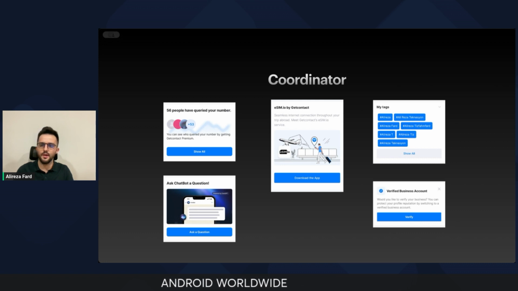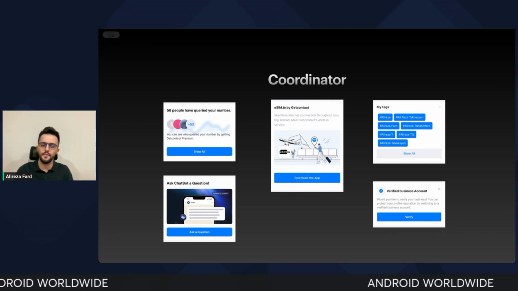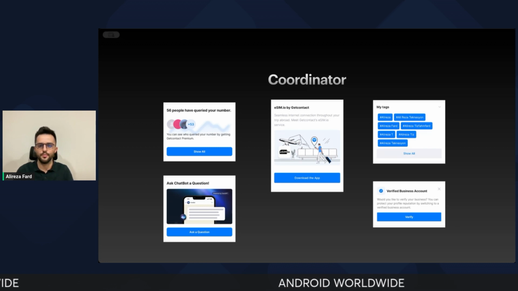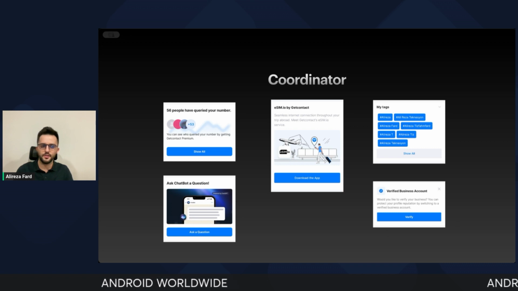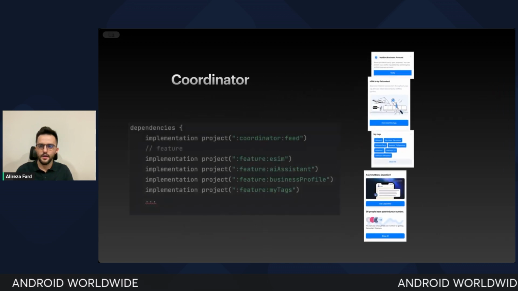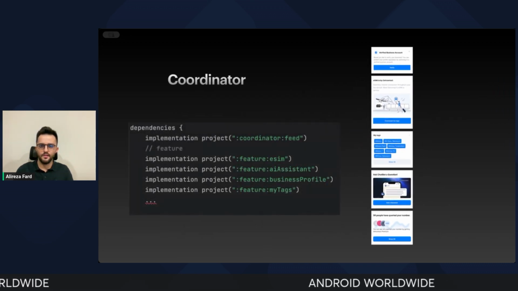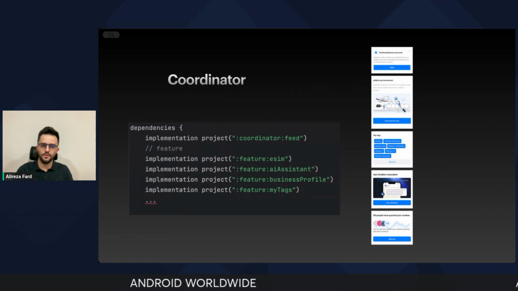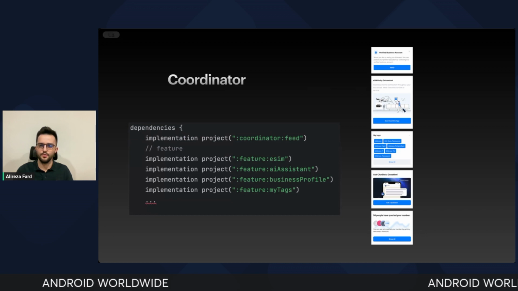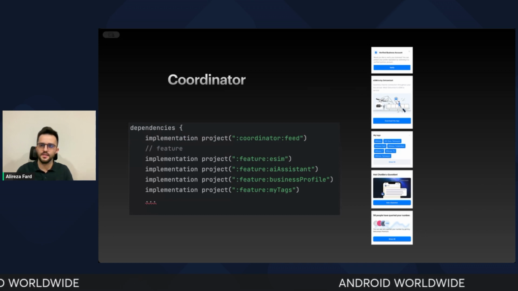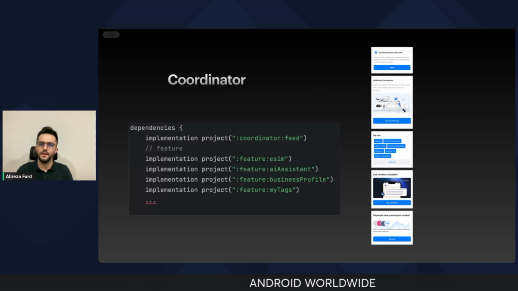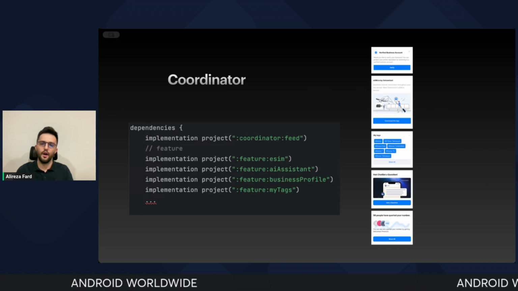That page can be a composable, fragment, or activity, or can be an Android view. We just need to put these features beside each other. So in that case, we just need to define one new module and add our dependencies to it. For example, we call this screen a feed, and we implement that screen inside our parent module.